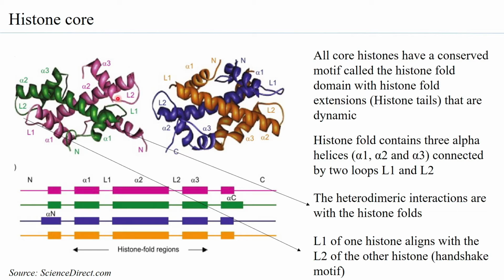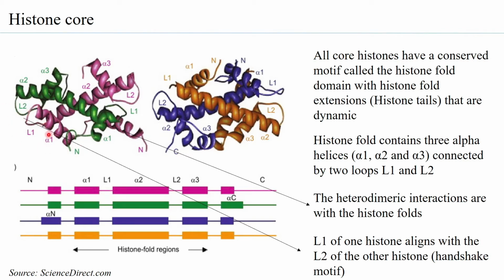So if this is H3, then L1 of the histone fold of H3 is interacting with the L2 of the histone fold of H4, and together they form a kind of connect, also called a handshake motif. Therefore this becomes an important point of dimerization.